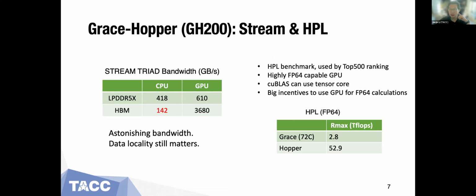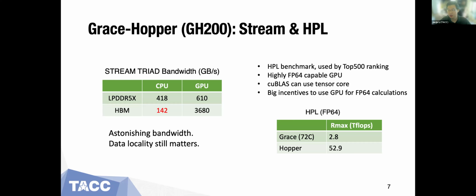So after architecture, I'm going to show you the performance capability of the GH200. Here are two industry standard benchmarks. On the left is the STREAM benchmark. STREAM measures sustained memory bandwidth.